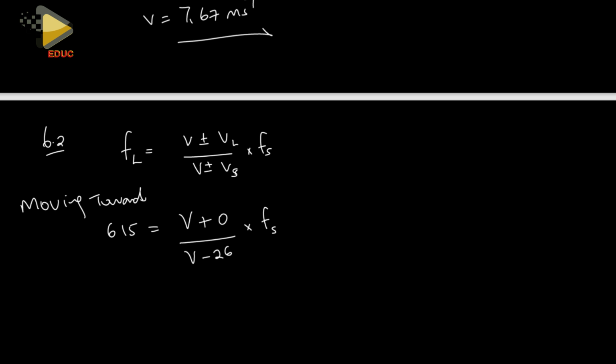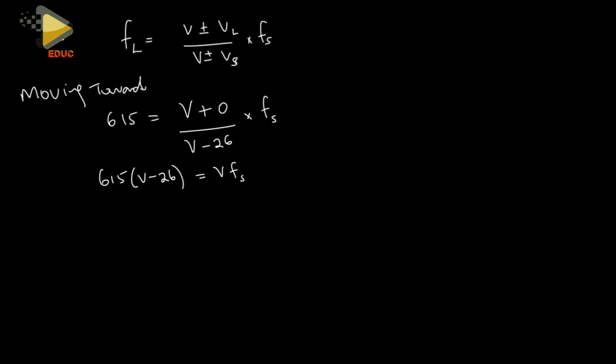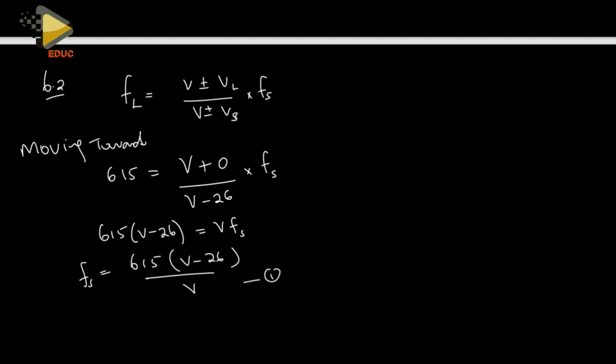This is going to be minus 26 times the frequency of the source, which we don't know. When I play around with this, I have 615 into V minus 26 is equal to Fs times V. I can make Fs the subject. So that is 615 into V minus 26 divided by V. Call this equation 1. And then let me look at the other scenario where the police car is moving away.